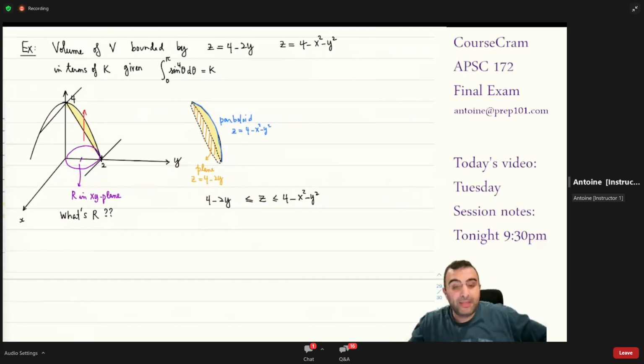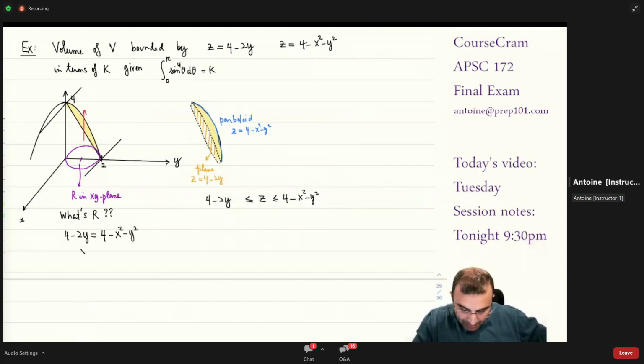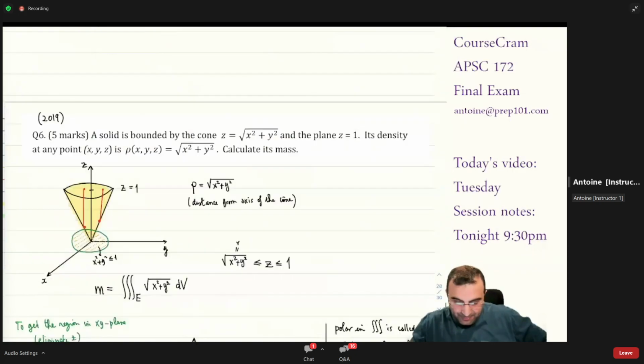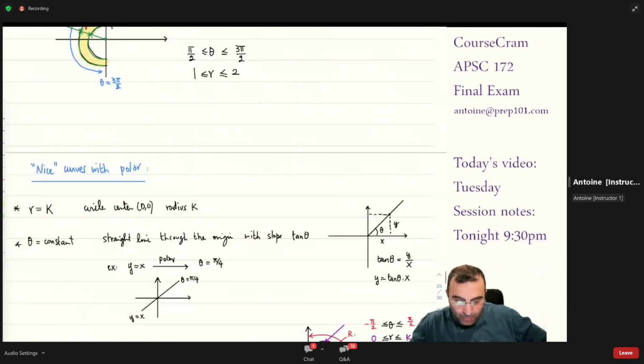Well, we've got to eliminate z. So 4 minus 2y is equal to 4 minus x squared minus y squared. This tells me that x squared plus y squared is equal to 2y. Do you remember this? We talked about this when we talked about nice polar curves.